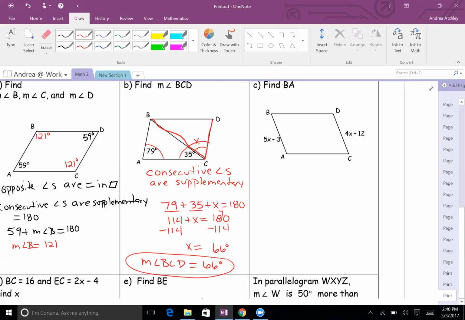Okay, so again, angles equal 360. So we're not dealing with angles here, we're dealing with sides. So sides can be as big or as small as we want them to be. Yeah. They're opposite sides, so they're equal to each other. Okay, so those are opposite sides.